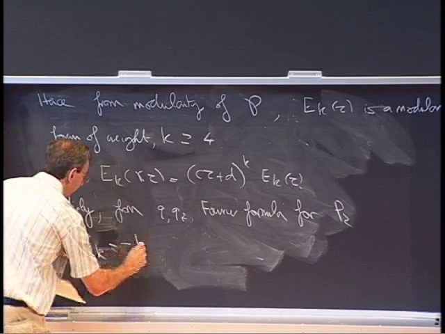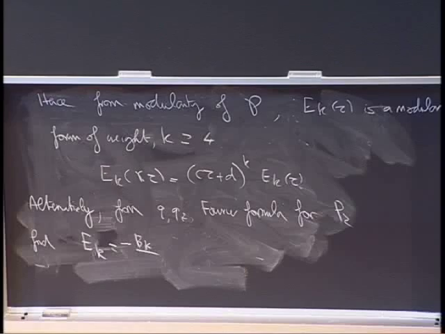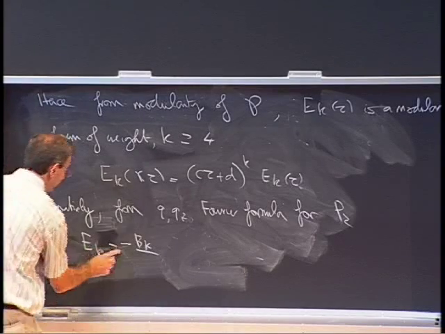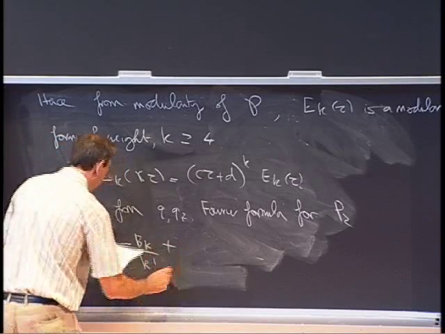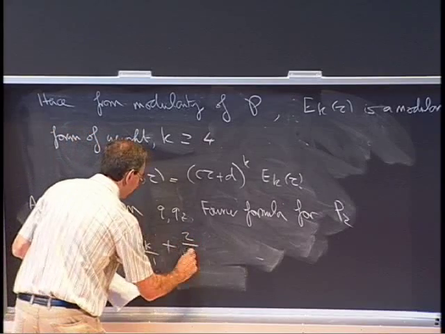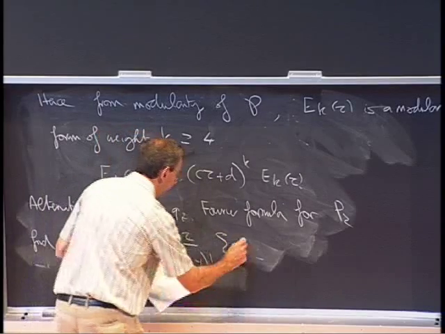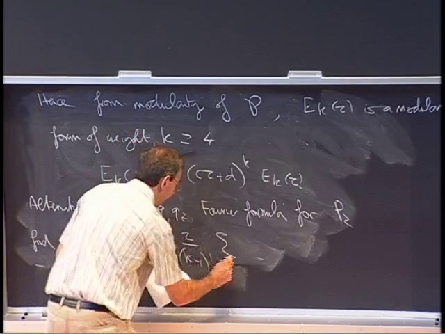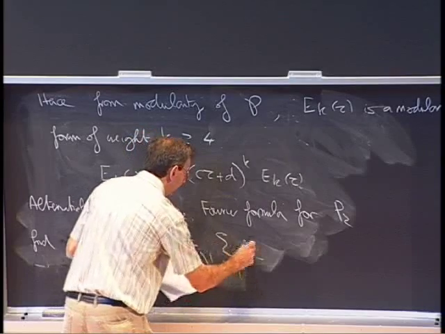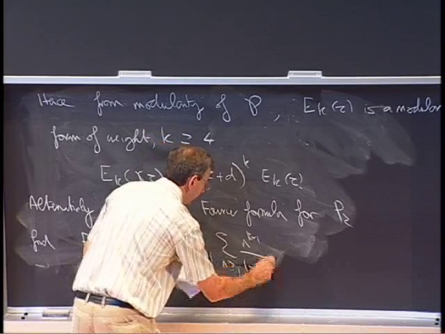Strictly speaking, the only connection with the zeta function I'm going to mention is the appearance of Bernoulli numbers. So we get 2 over k minus 1 factorial, and it can be expressed in various ways. This is one way to write it: the sum of n to the k minus 1 times q to the n over 1 minus q to the n.